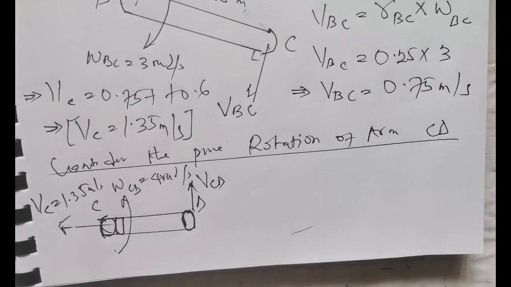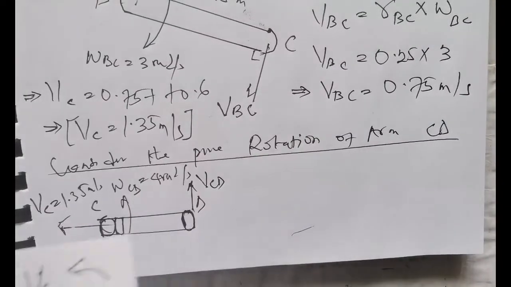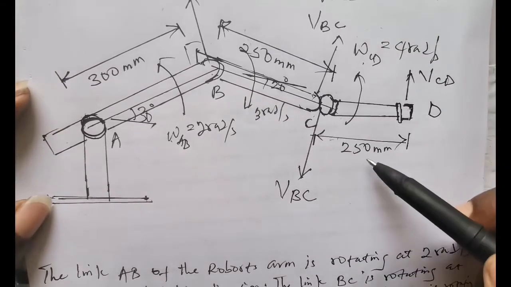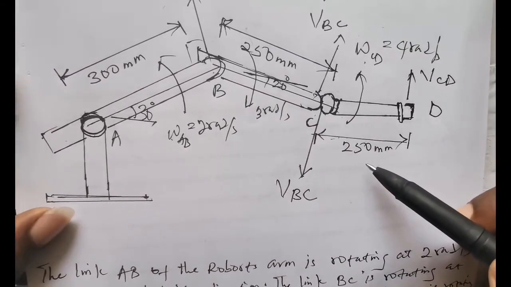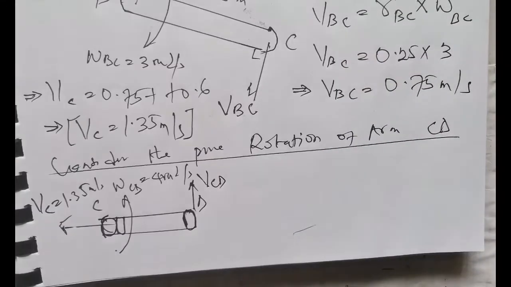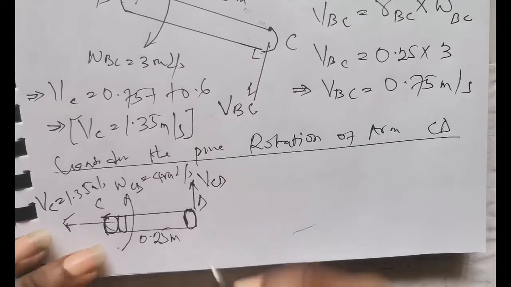down to point D. Not also forgetting that the radius arm of C to D was given as 250 millimeters, which will convert to meters by dividing this value by 1000. So the radius arm simply will be 0.25 in meters.